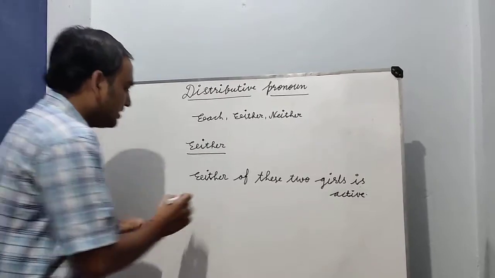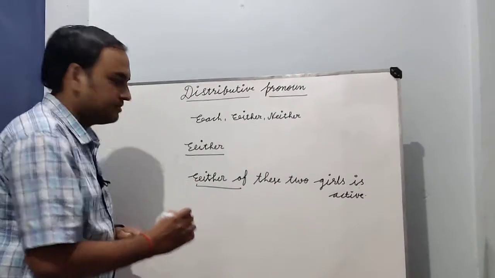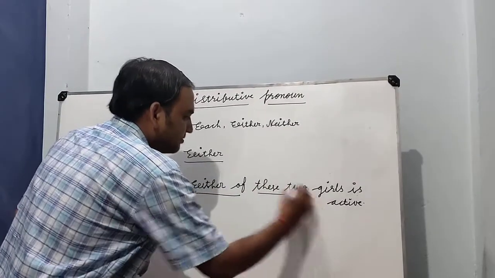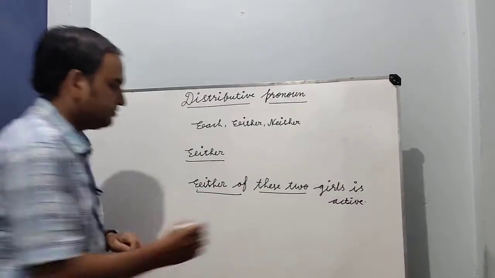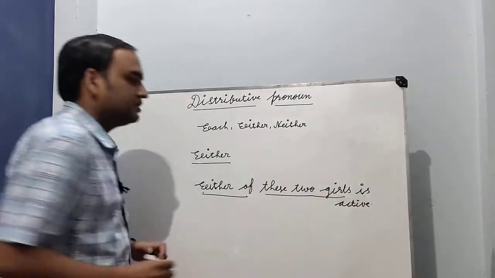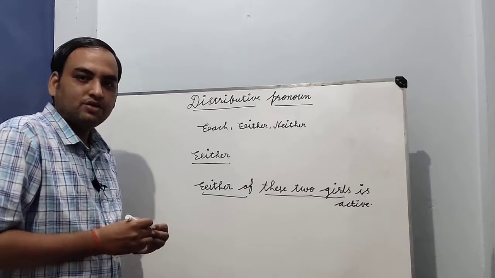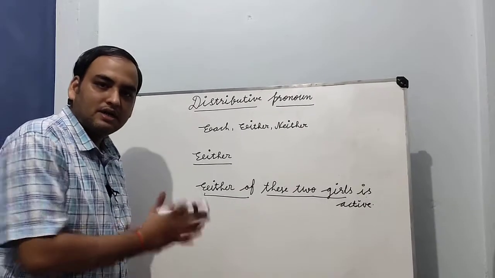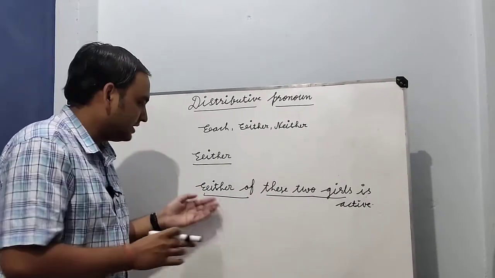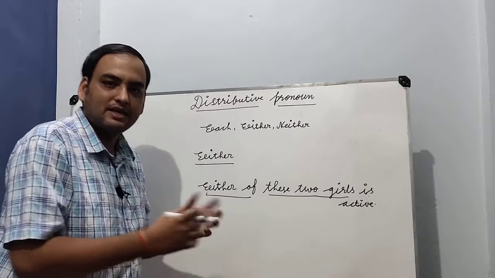Okay, here we are using either of as a distributive pronoun and this is a plural noun, these 2 girls. Okay, so we are talking about one girl out of 2, है ना. Either का मतलब है 2 में से एक के लिए.